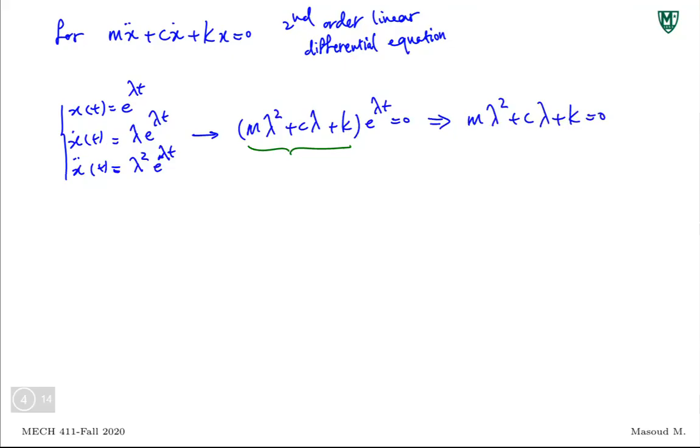And this is just a typical algebraic equation we can solve. Think about this as ax squared plus bx plus c. We can find the roots for this. So the roots for that would be lambda. I'll just put both of them together. It gives us two roots.